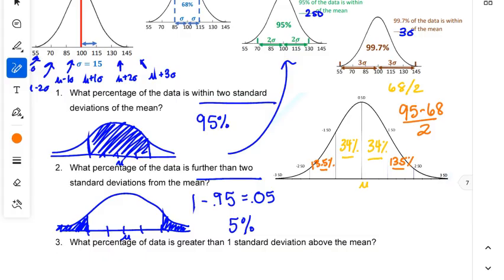And we need to find the next one, the 2 standard deviations to 3. We know all the way out to the 3 standard deviations is 99.7. So we need to subtract the 95 and then divide by 2. And that is 2.35%.